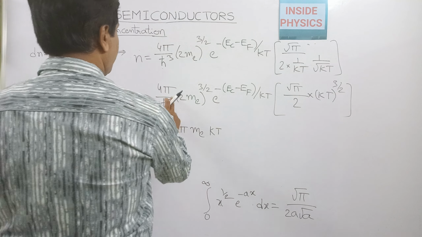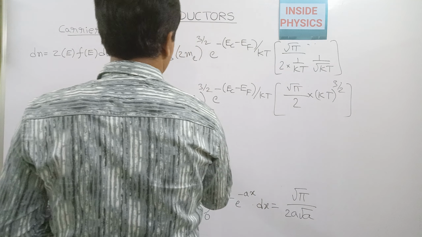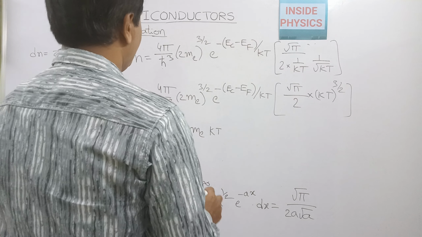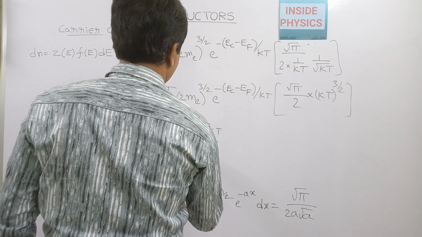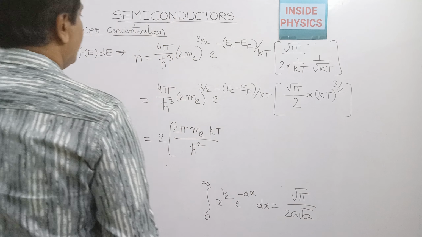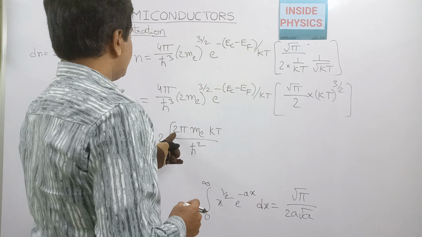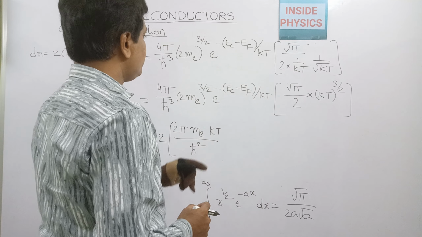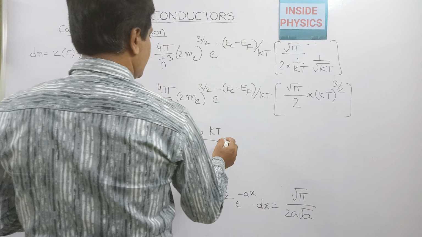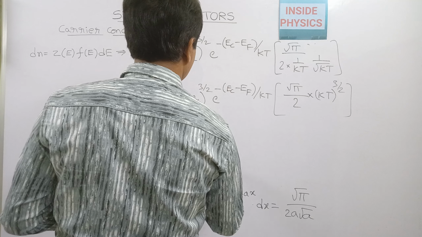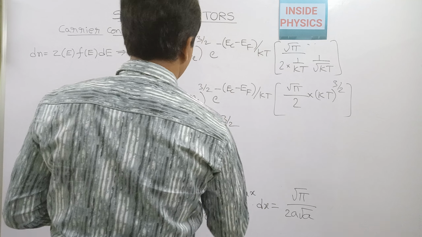Pi times root pi will become pi to the power of 3 by 2, me to the power of 3 by 2 by h bar square. You can write h bar square. So if you observe these things, this whole term can be written as 3 by 2.